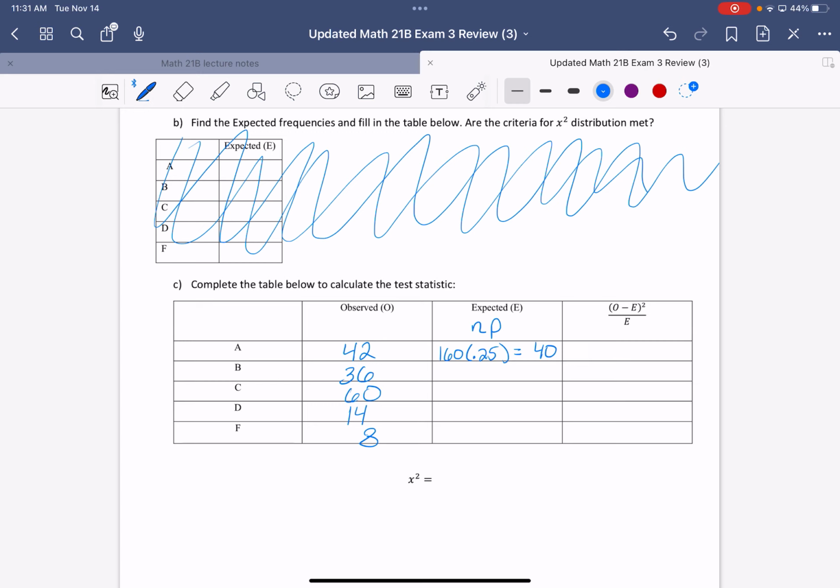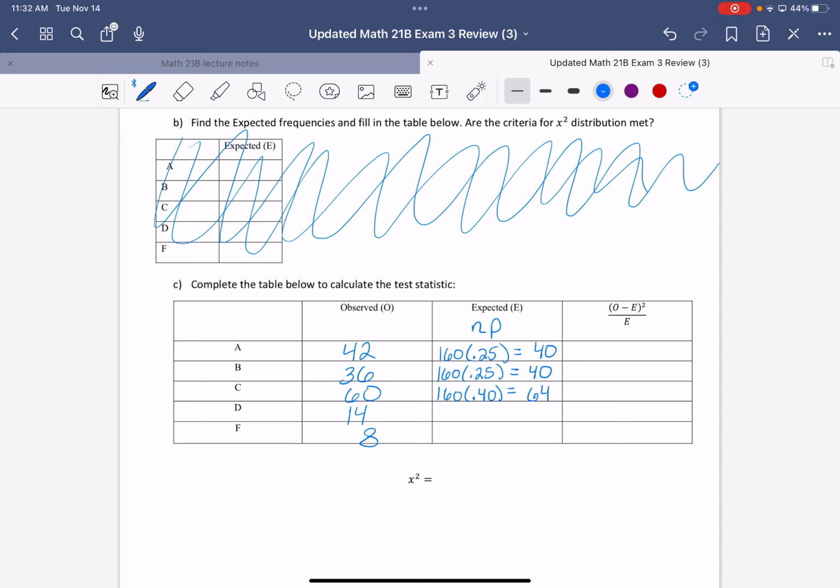Similarly for B, N is still 160. The proportion for B was also 0.25. So again, you get 40. For C, N times P, the sample size is 160. The proportion we said for C was 40% or 0.40. So that will give you 64.